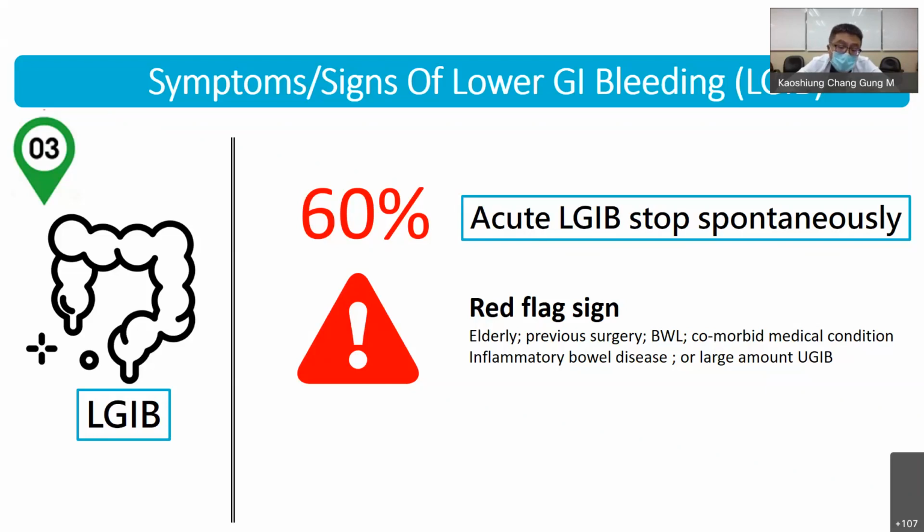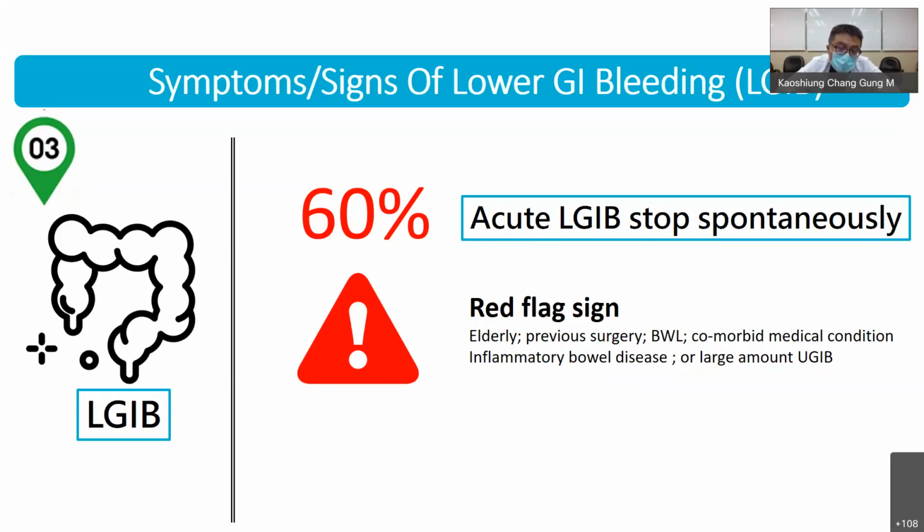Or if patients have previous IBD, called inflammatory bowel disease, including Crohn's disease or ulcerative colitis, because IBD patients maybe have severe bleeding episodes, and IBD patients also have high risk for colon cancers.